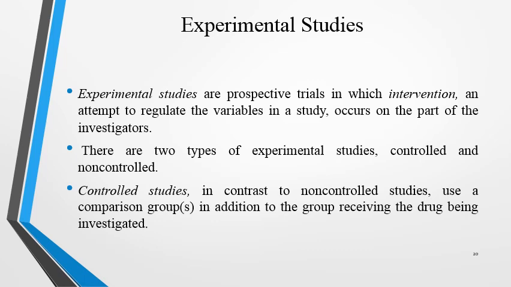Or in one group we use the specific drug, while in the other group placebo treatment is carried out, or they are treated with an older drug which was used previously, and we compare whether the new drug is more effective or the older one is more effective.